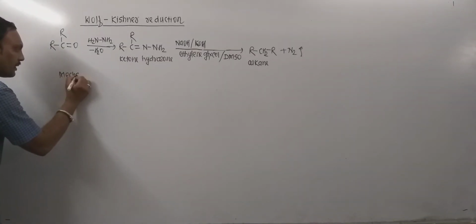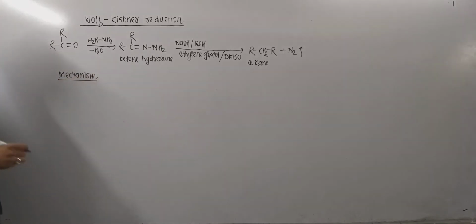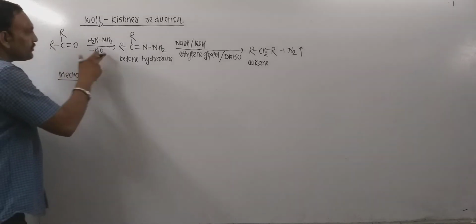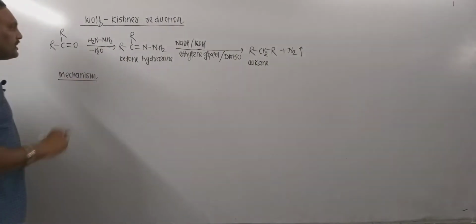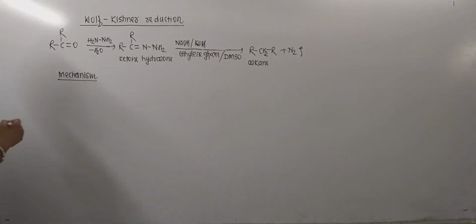Now as far as the mechanism of this reaction is concerned, that is very crucial and important. So the mechanism involves what? First of all, this is the addition elimination reaction to form the ketone hydrazone.